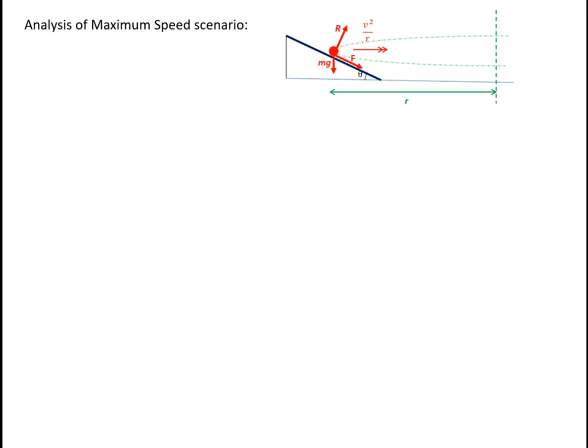And we're going to start off by applying Newton's second law vertically. So we've got the component of r vertically, which is r cos theta, take away mg, take away the vertical component of f, which is f sine theta. So we've got r cos theta minus mg minus f sine theta must equal naught. But remember that we are assuming we're going at maximum speed, so the frictional force is taking its maximum possible value, which is mu times r.